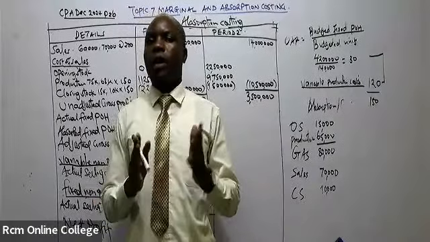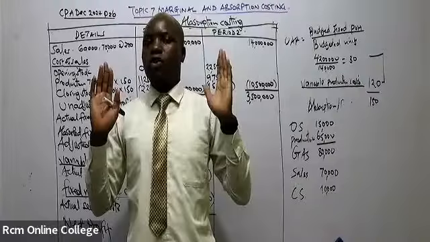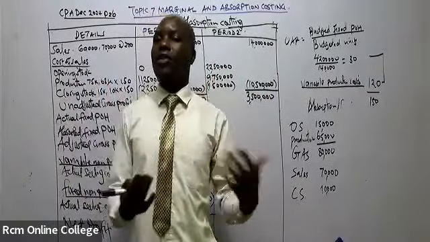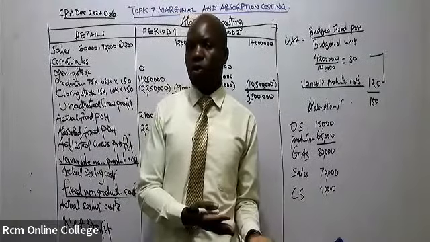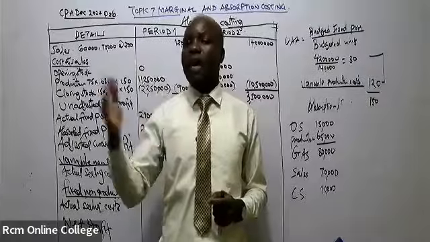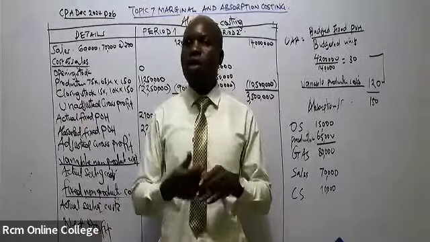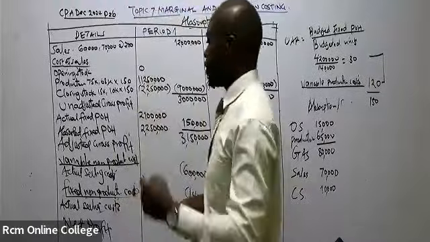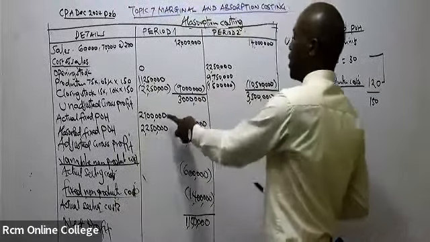So we are told to take that as the actual. If the examiner is silent about the actual and we have not been given the actual, you take budgeted as the actual fixed production overhead. So that's what we have here.